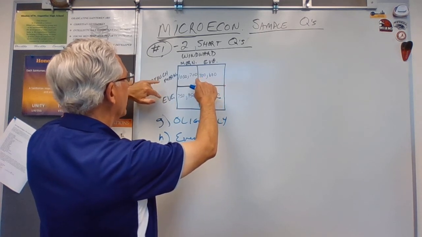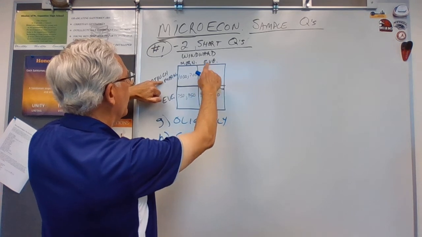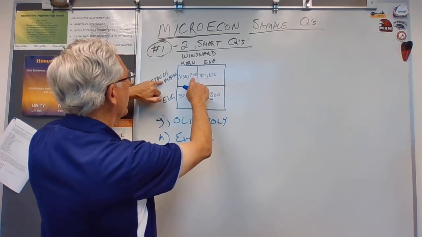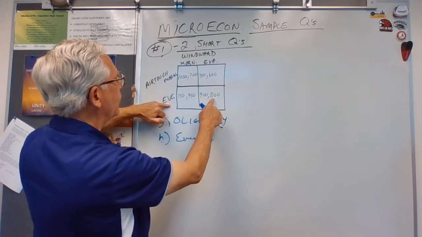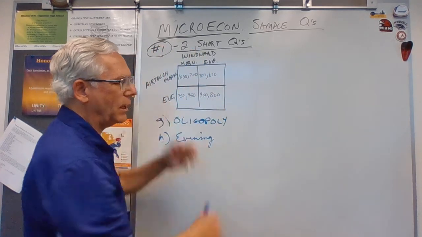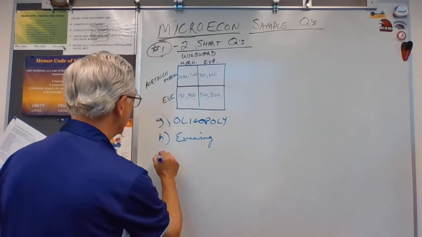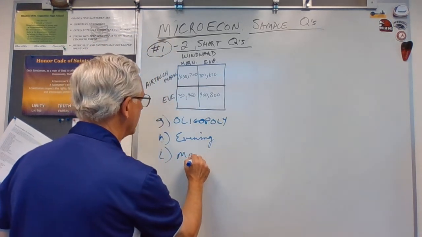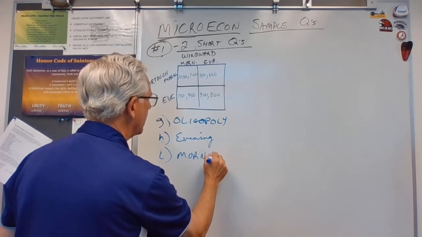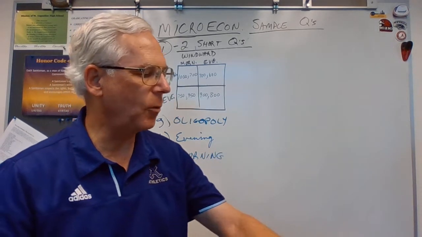So if AirTouch goes in the morning, Windward is going to want to go in the morning too. If AirTouch goes in the evening, Windward is going to want to go in the morning. So morning is the dominant strategy. That's part I: morning is the dominant strategy for Windward.